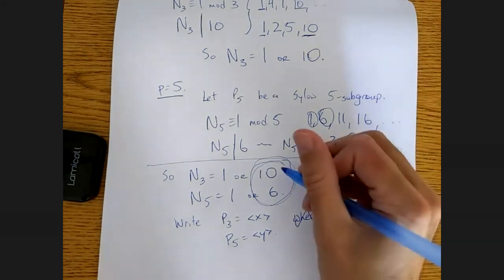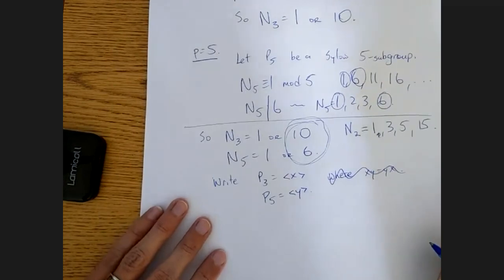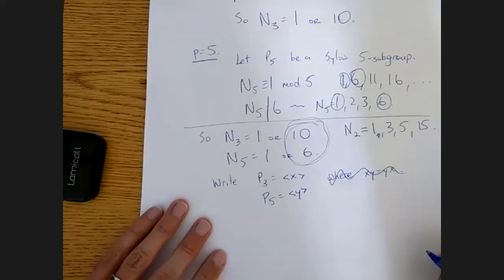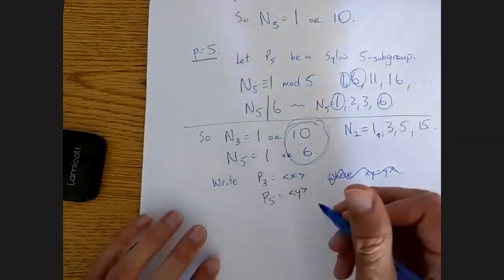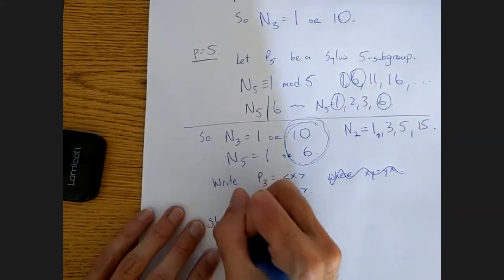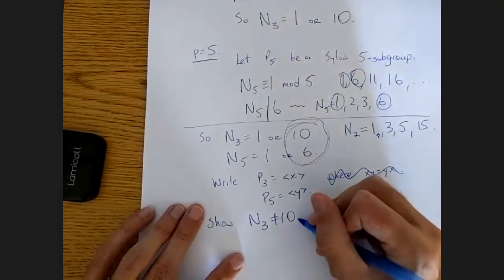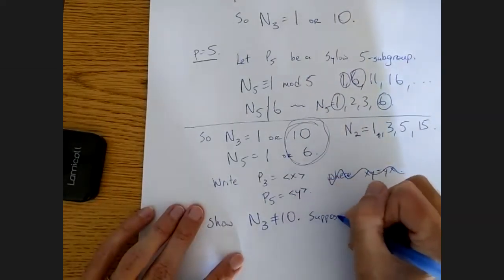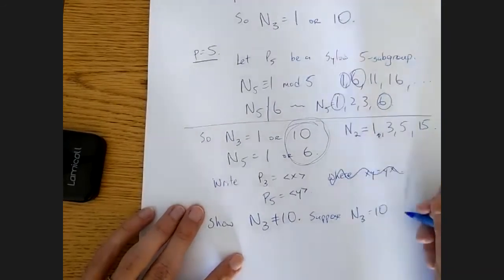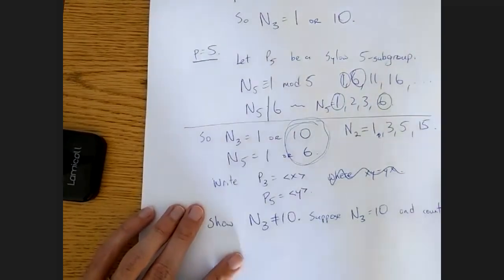For example, and this is a common technique, which I'll try to describe quickly. Then I'll probably have to continue this example with a video because we're already over. Here's the strategy. We want to show that N3 is not equal to 10. Suppose N3 equals 10 and count the different elements of all the Sylow 3 subgroups.